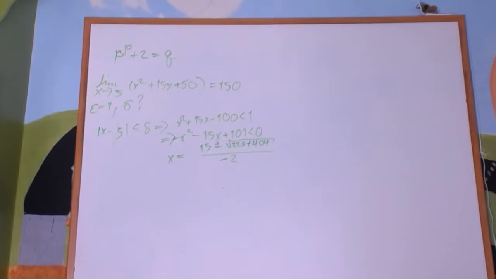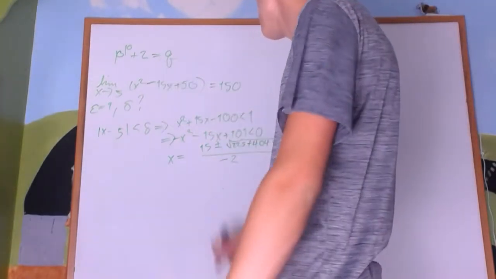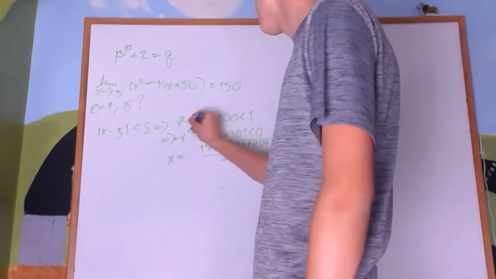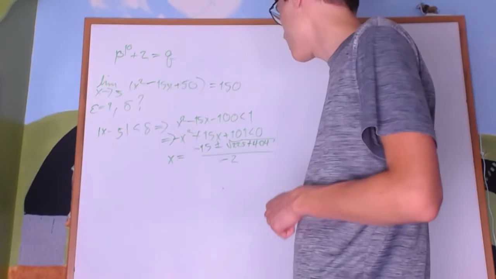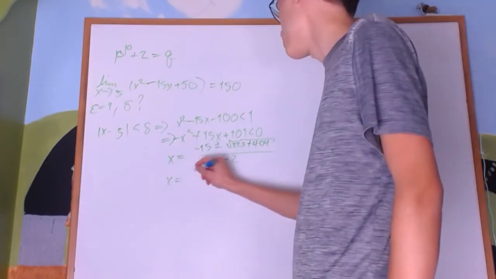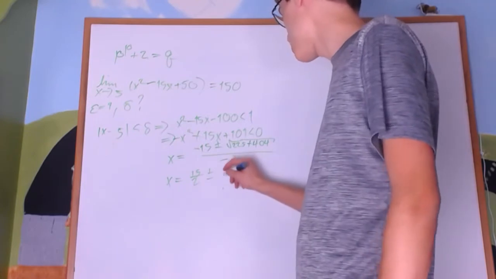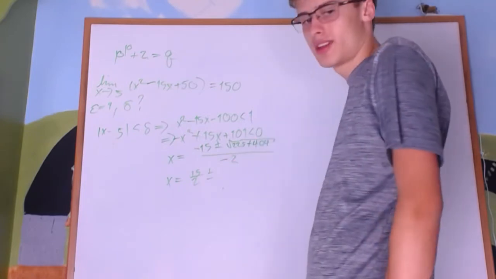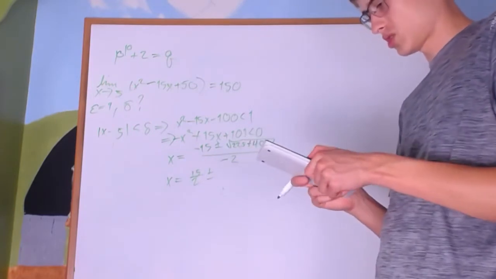Oh, that's a minus 15x, that doesn't change anything except that. So x is equal to 15 over 2 plus or minus the square root.